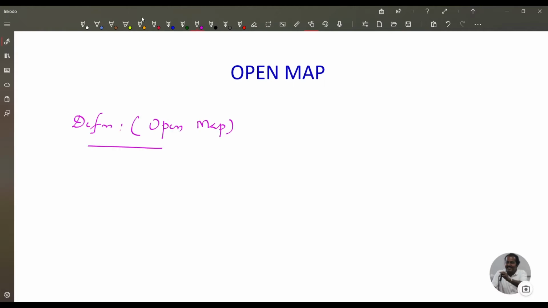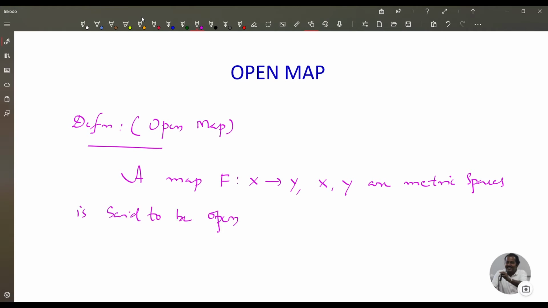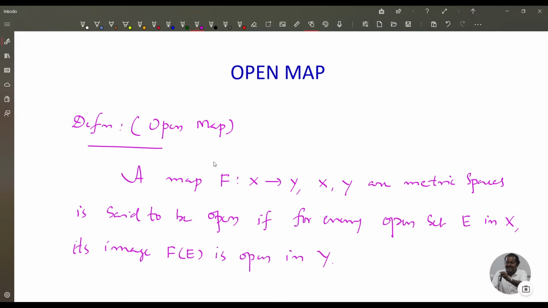A map f from X to Y, where X and Y are metric spaces, is said to be open if for every open set E in X, its image f of E is open in Y. So this is the definition of open map.